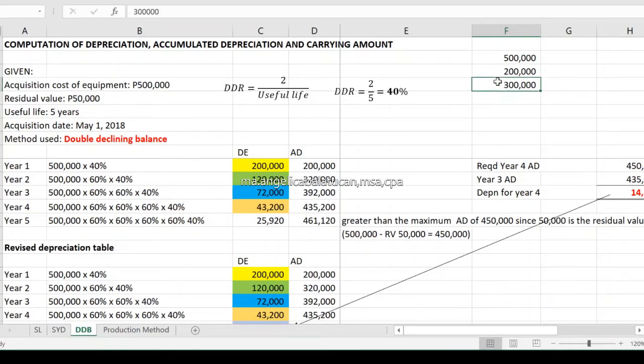And from this 300,000, we are going to multiply by 40%.